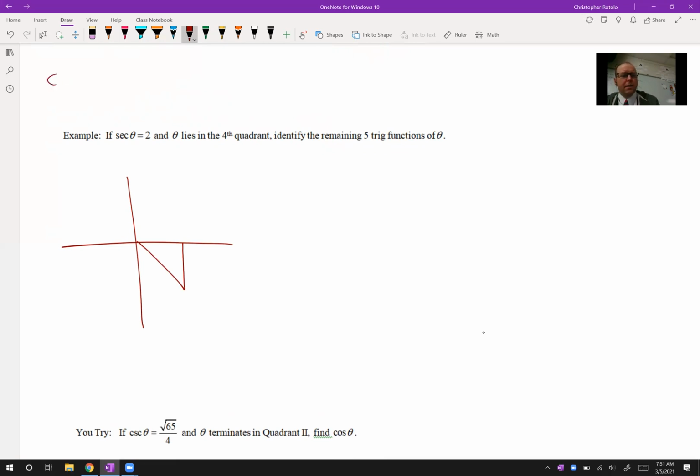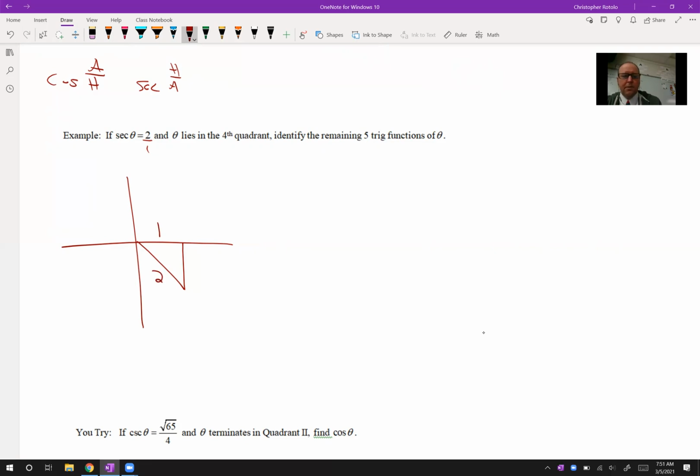Remember, cosine is going to be the adjacent over the hypotenuse or over the radius. So secant is going to be equal to the radius or the hypotenuse over the adjacent. That's what we have right now: 2 over 1. And that means we're talking about an x value of 1 and a radius or hypotenuse of 2.